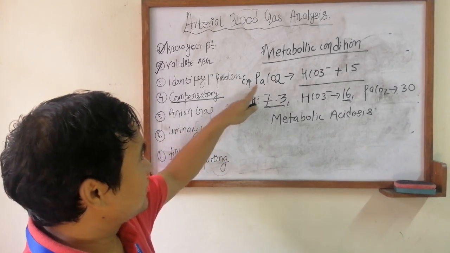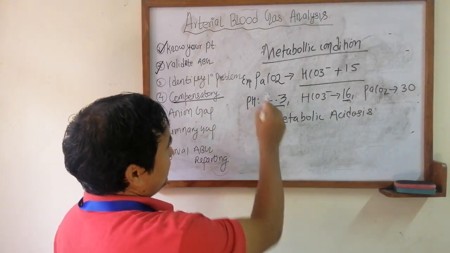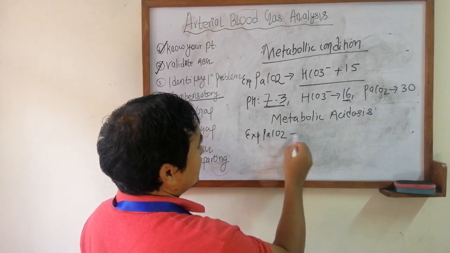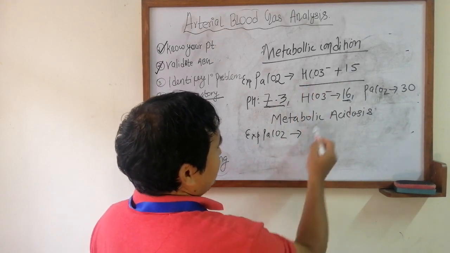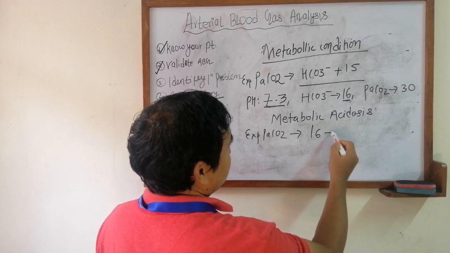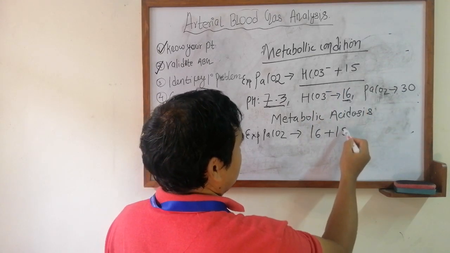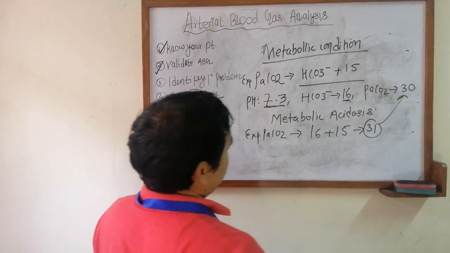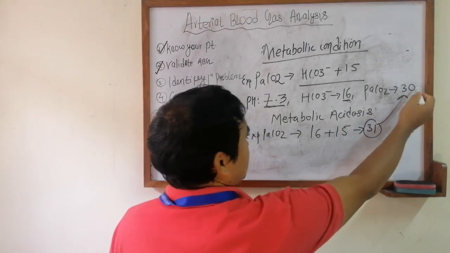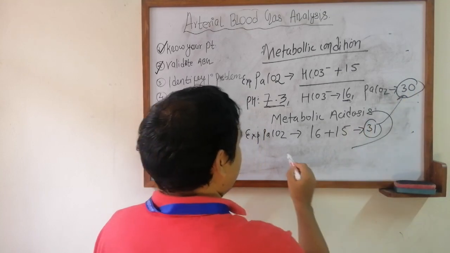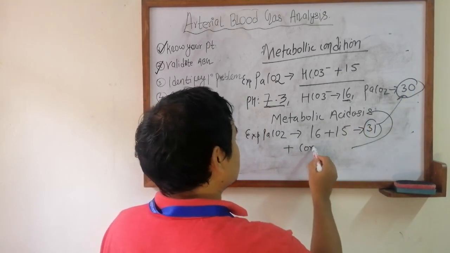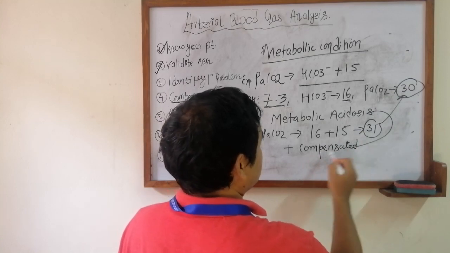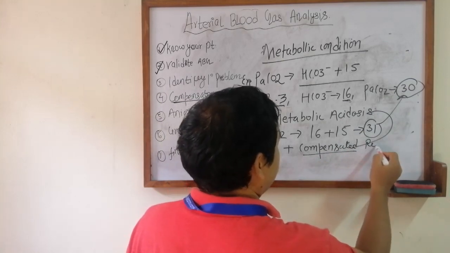The expected PaCO2 level is bicarbonate plus 15, so 16 plus 15 is 31. So near about this, there is compensation here. So you can write metabolic acidosis with compensation by respiratory alkalosis.